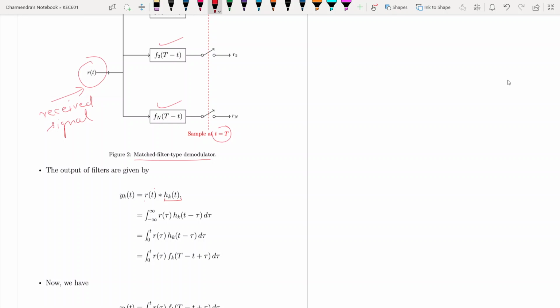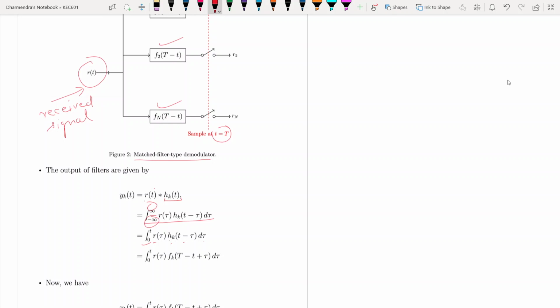This can be written in integral form like this: integration from minus infinity to plus infinity of r of tau into h k of t minus tau d tau. If I simplify this integral, it can start from 0 to t, and then you have to integrate r tau with h k of t minus tau d tau.